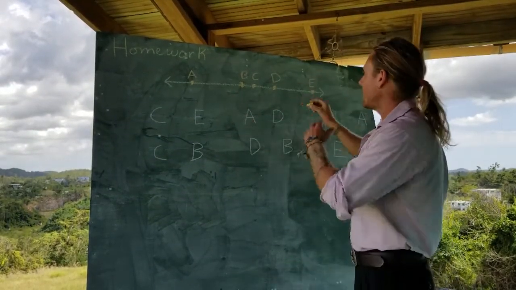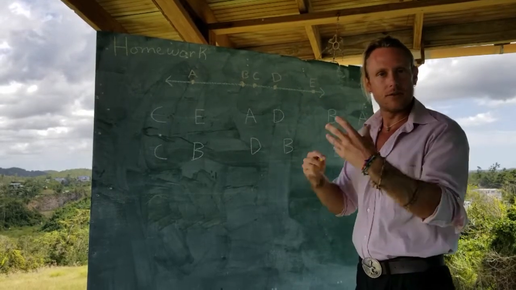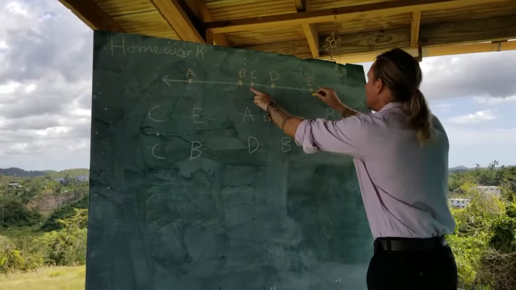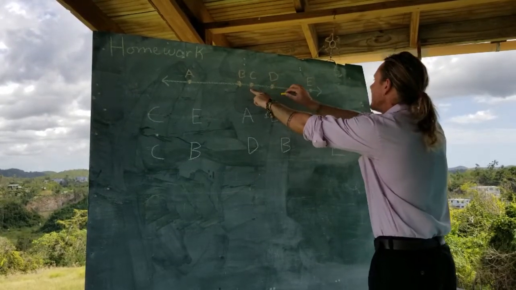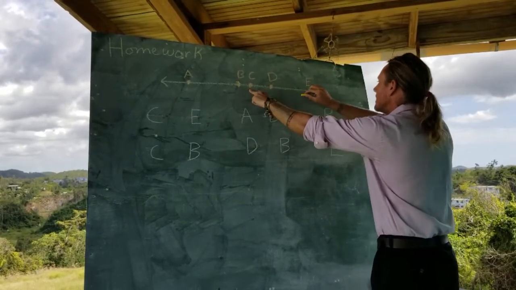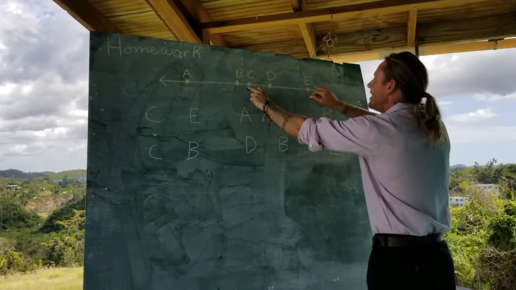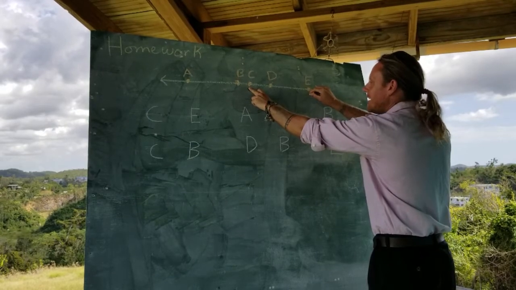So we're looking at relations here relative to each point. Here's C, here's E. Well, E is increasing this side. That means it's getting larger. It's growing in quantity in the positive direction. So C is less than E.